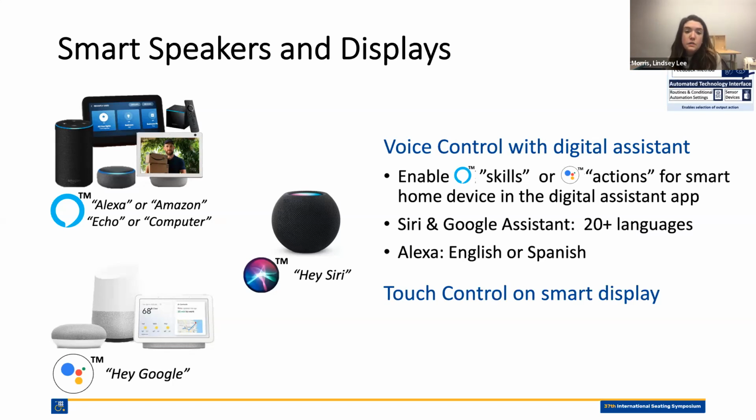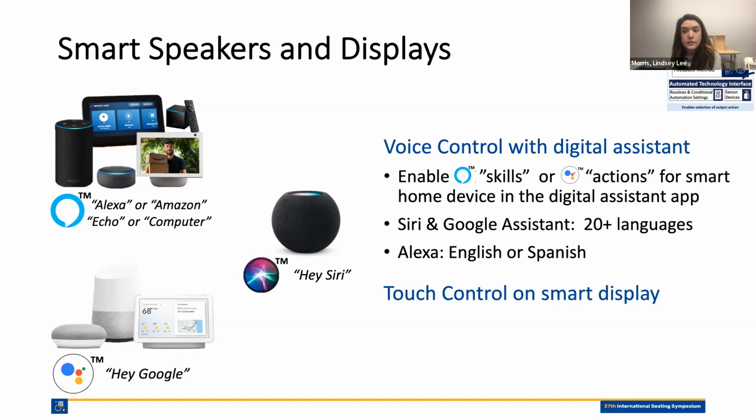So you can use voice control that connects to a digital assistant up in the cloud, as Dee Dee previously mentioned. To control your smart home devices with this, you'll need to enable skills on the Alexa platform or actions on the Google platform to be able to control that device.